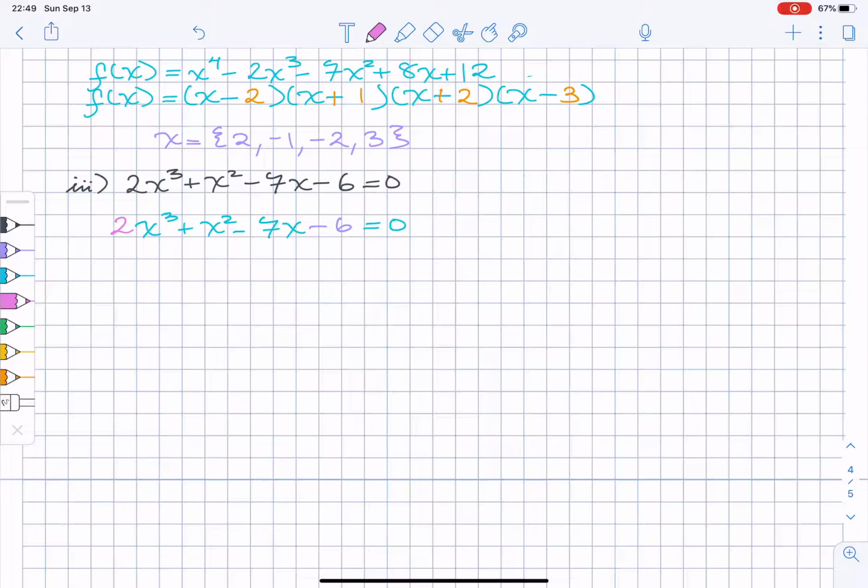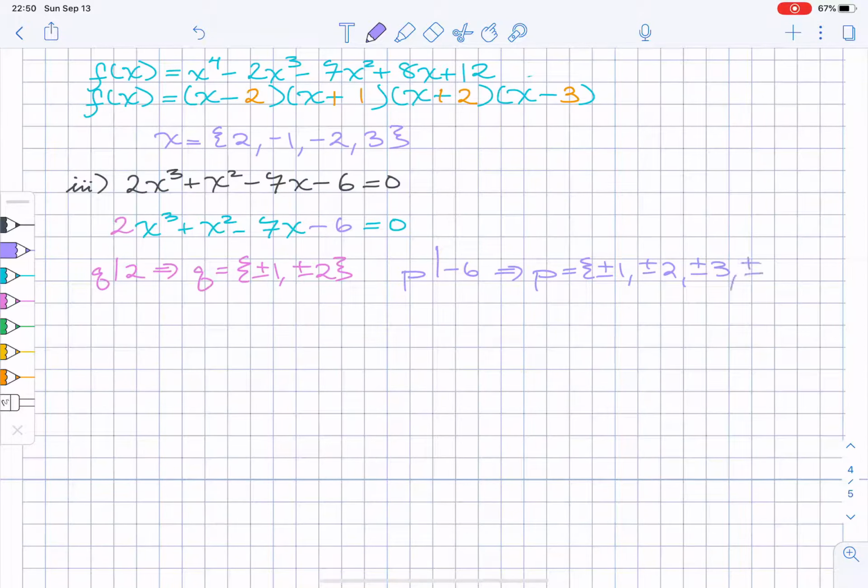So I know that q divides 2, so that means that q is going to be plus or minus 1 or plus or minus 2. I know that p divides negative 6, so that means that p is either plus or minus 1, plus or minus 2, plus or minus 3, or plus or minus 6.